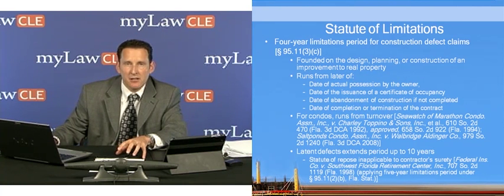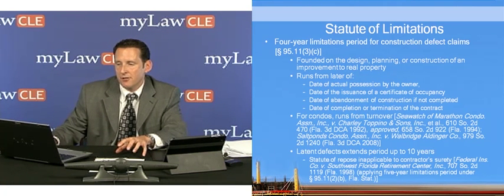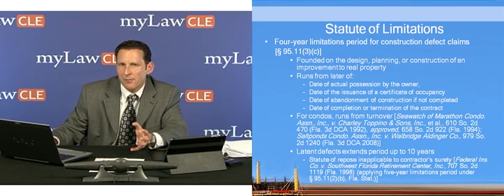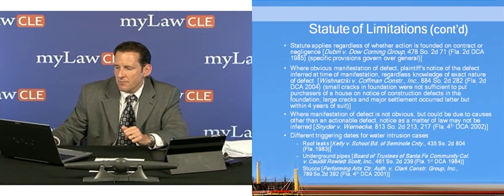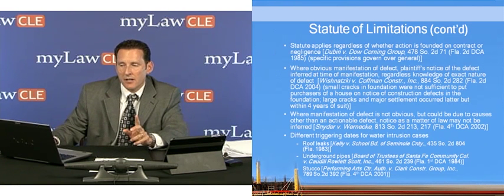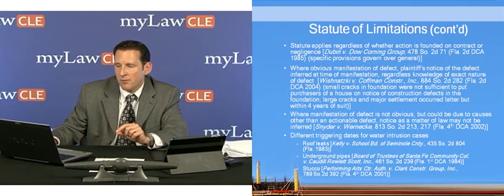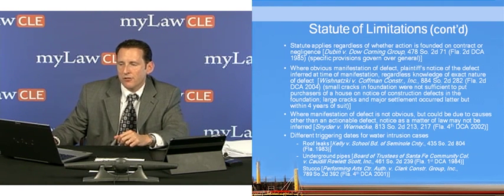And so if I can make a claim against my contractor under the statute of repose, why can't I make that same claim against a surety bond? But the court says no under Federal Insurance Company. Now, you certainly could probably purchase extended coverage, but then the cost of the bond is more. But in the absence of some endorsement or some rider or some extension of that, you're going to be limited to 5 years in order to go after a performance bond surety for construction defects.